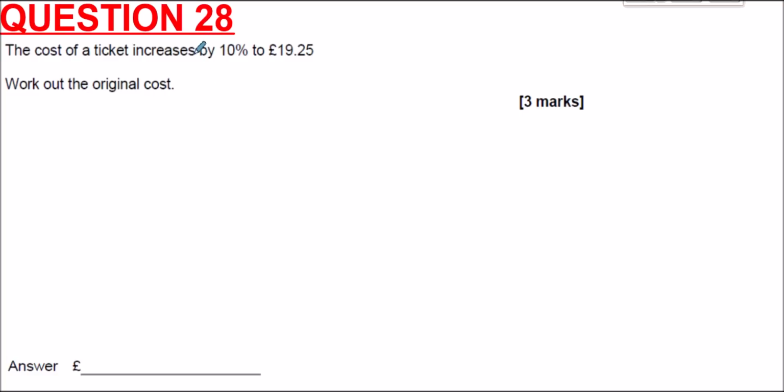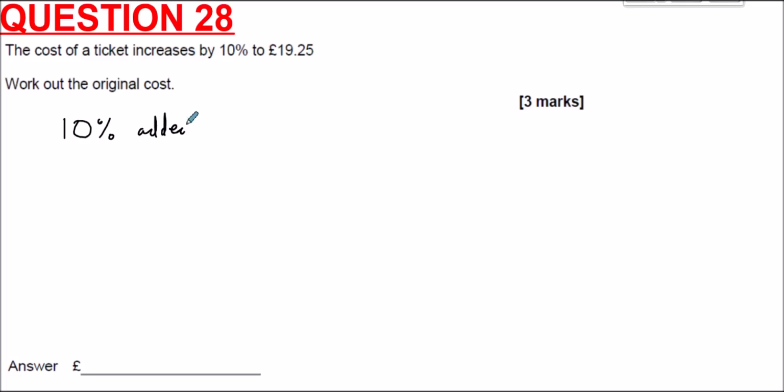Question 28, we've got a cost of a ticket which increases by 10% to £19.25. Before anything happens to a value, we always start with 100% of itself. So if 10% gets added on, it's going to be an increase.